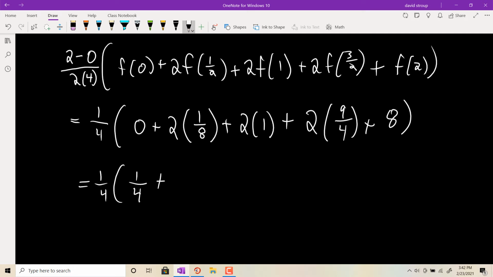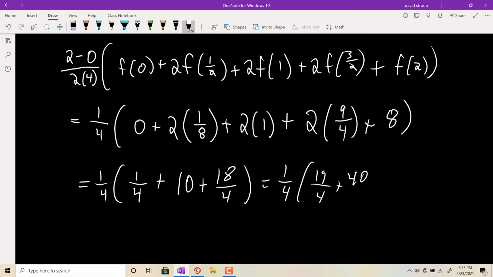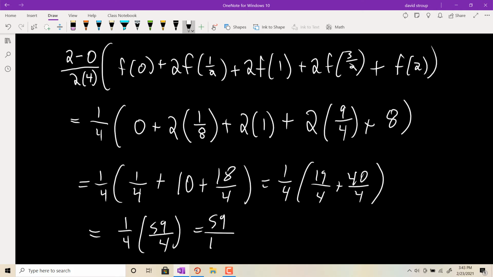Plus 2 plus 8 is 10, plus 18/4 is going to give me 1/4 times 19/4 plus 40/4, which is 1/4 times 59/4, which of course is 59 16ths.